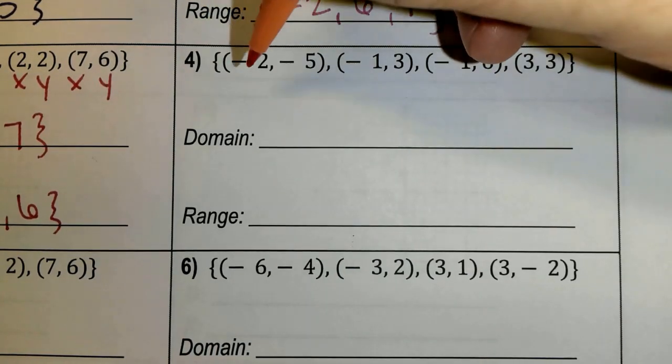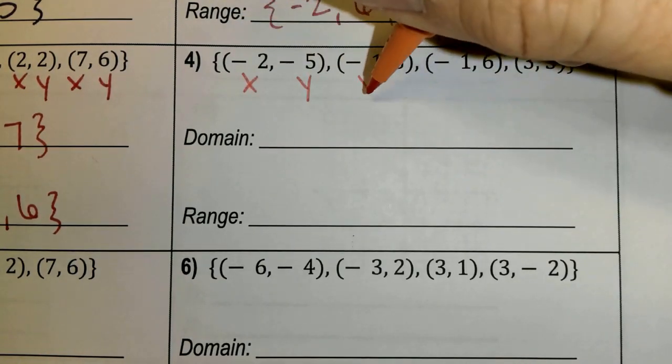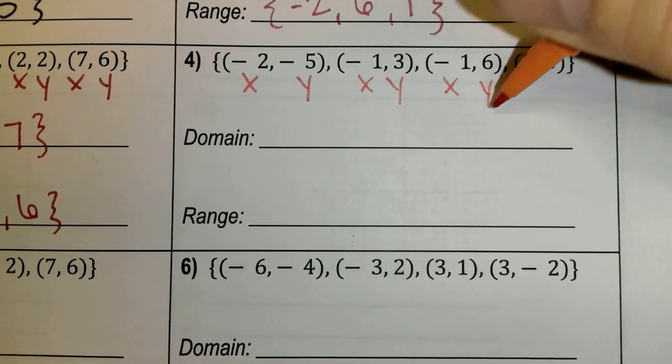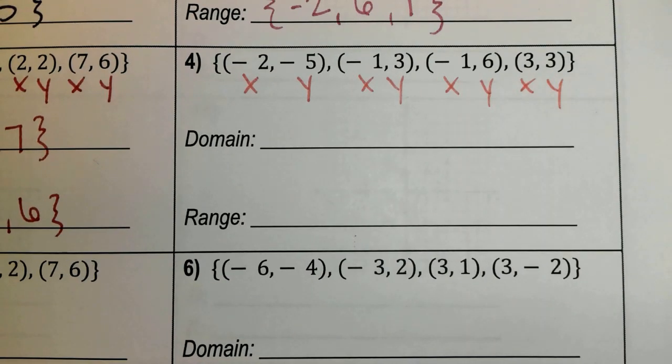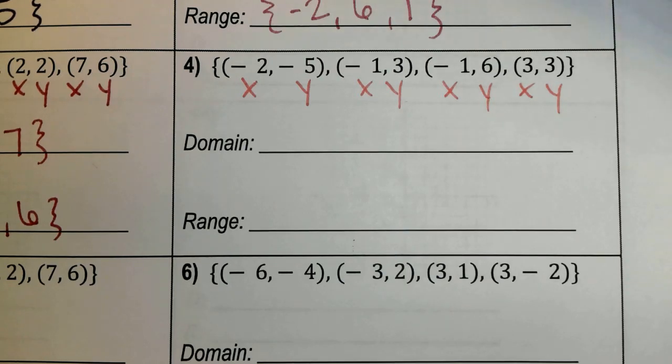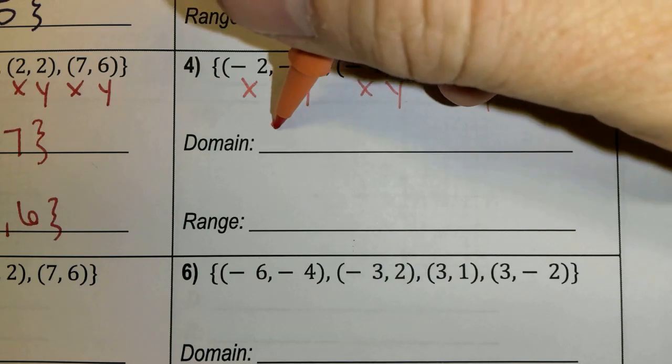All right, 4. Start off labeling because labeling helps. And if you label and you get it wrong, you can go back and say, oh, look, I labeled that one wrong. That was my mistake. If you just write the numbers, you may not know what happened if you do miss it for some reason. Okay, so x is -1, which repeats.